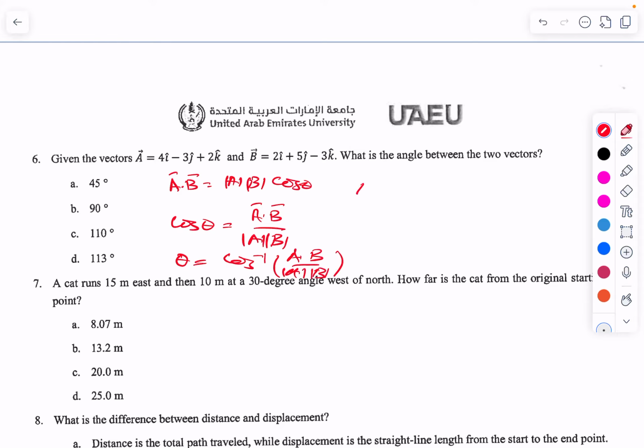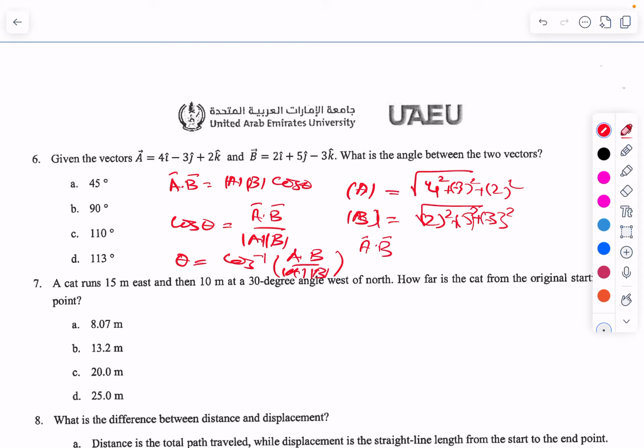So you will find A magnitude using square root of 4 squared plus minus 3 squared plus 2 squared, B magnitude like this: 2 squared plus 5 squared plus minus 3 squared, and A dot B is multiplying I with I, J with J, and K with K. So 4 multiplied by 2 minus 3 multiplied by 5 plus 2 multiplied by minus 3.